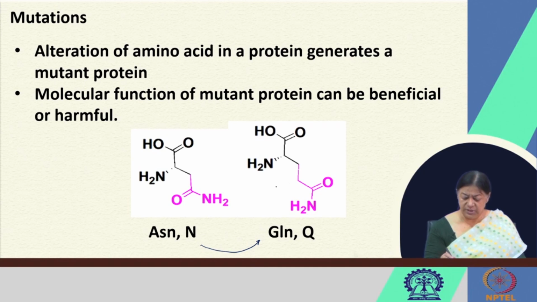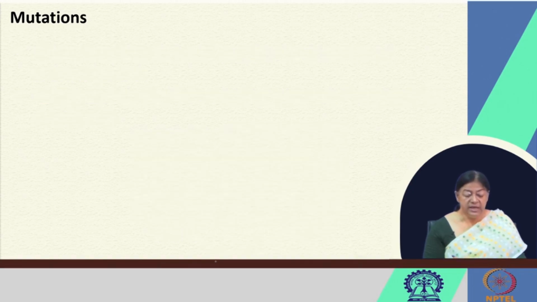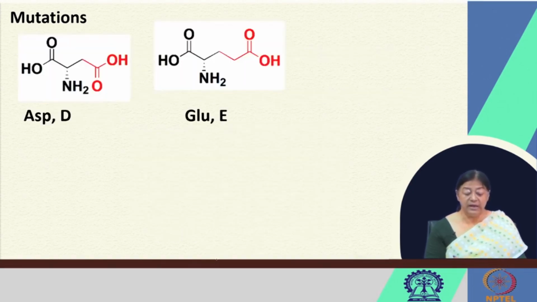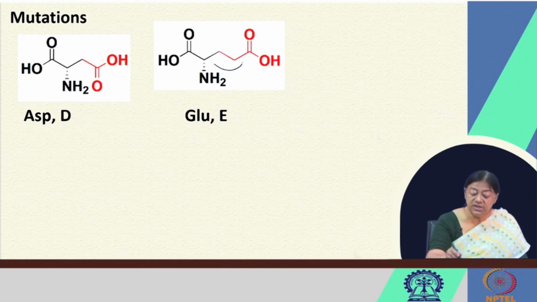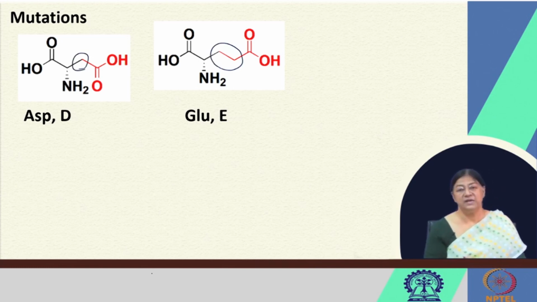The accommodation that would be required would be for the extra CH2 group that we have. If we now look at aspartic acid and glutamic acid, the same argument follows. We have an additional CH2 that we would have to take care of in terms of glutamic acid, but again the side chain characteristics are the same.